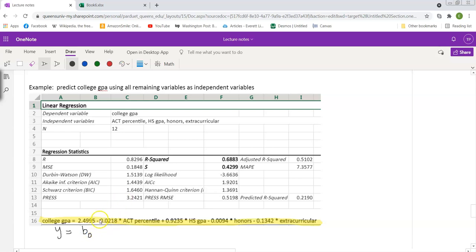And we call this plus even though this coefficient is negative. So this is just the same as plus a negative 0.0218. But it's still B1 times x1, plus b2 times x2, plus b3 times x3, and here we have 4 variables, so this is going to be plus b4 times x4.